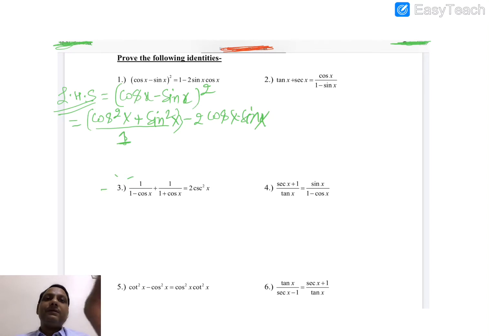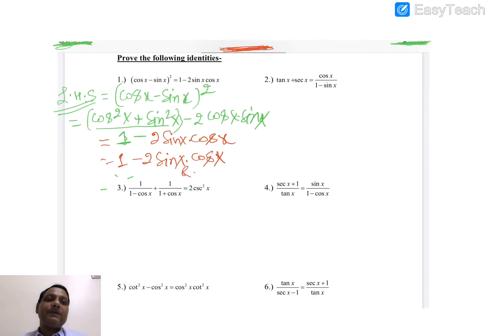Then we have 1 minus 2 sin x into cos x. Finally we got the right hand side, 1 minus 2 sin x into cos x, and this is your right hand side. So you got it proved. The first question is done.